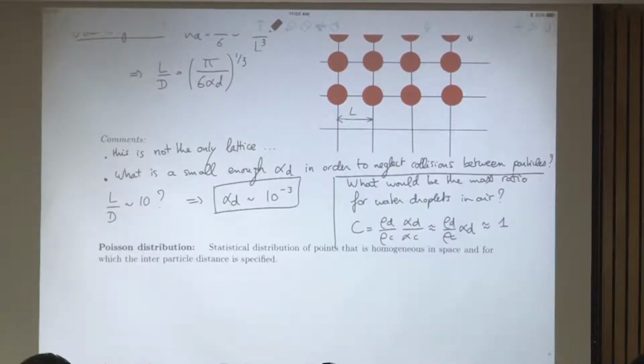So the hierarchy is going to be this. We would expect that at very low concentrations, collisions are going to be unlikely and the particles are going to be negligible as far as the fluid phase is concerned.